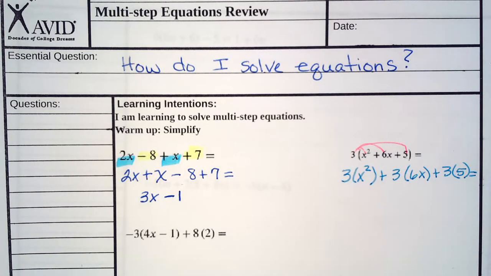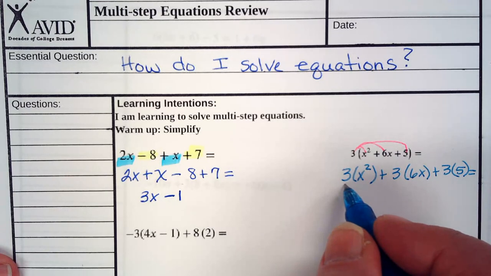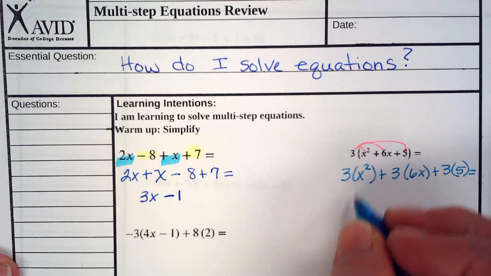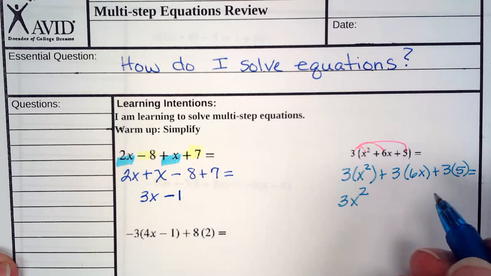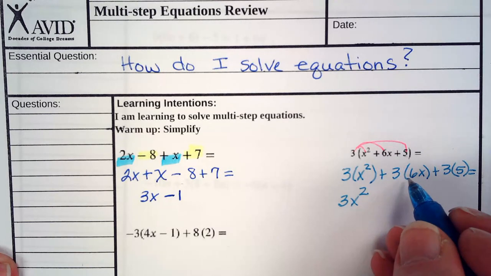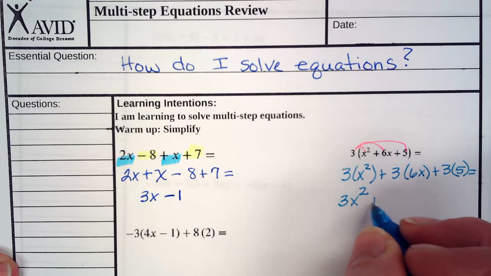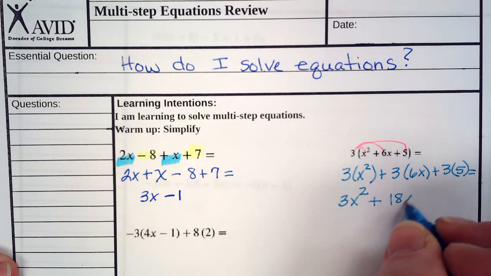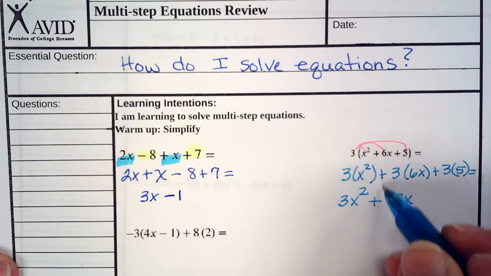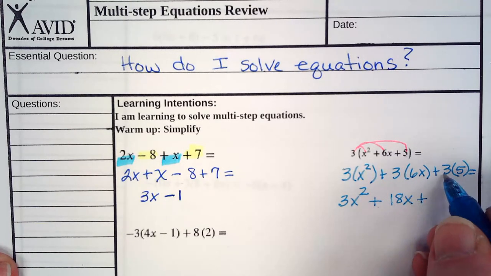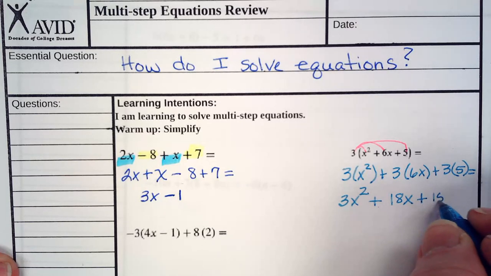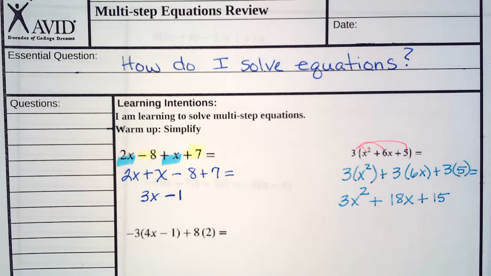All I did was distribute that number out front. 3 times x squared is 3x squared. 3 times 6x: 3 times 6 is 18, followed by the x. Bring your plus sign down. Plus 3 times 5 is 15. And I am done.